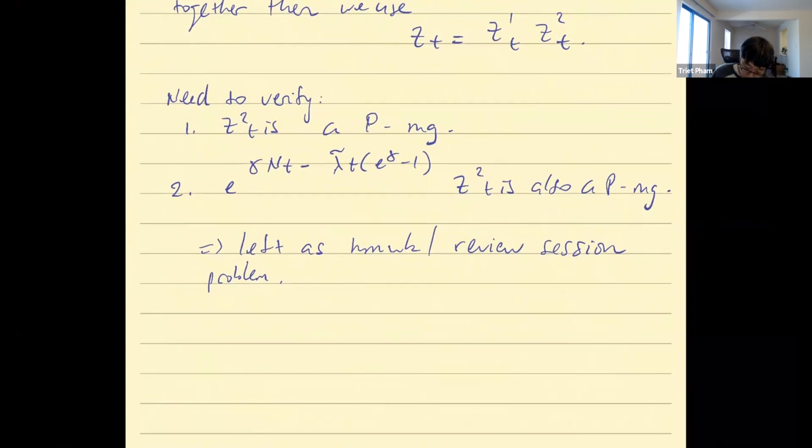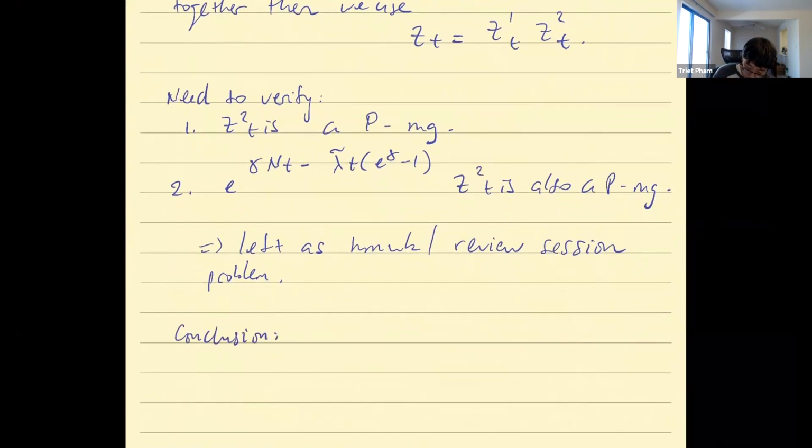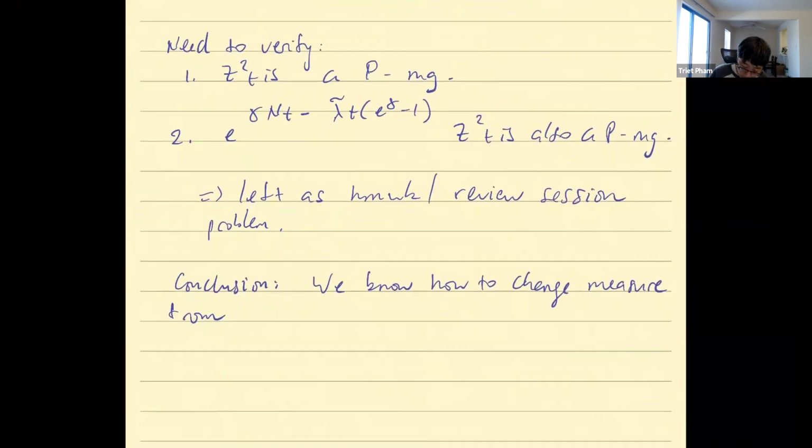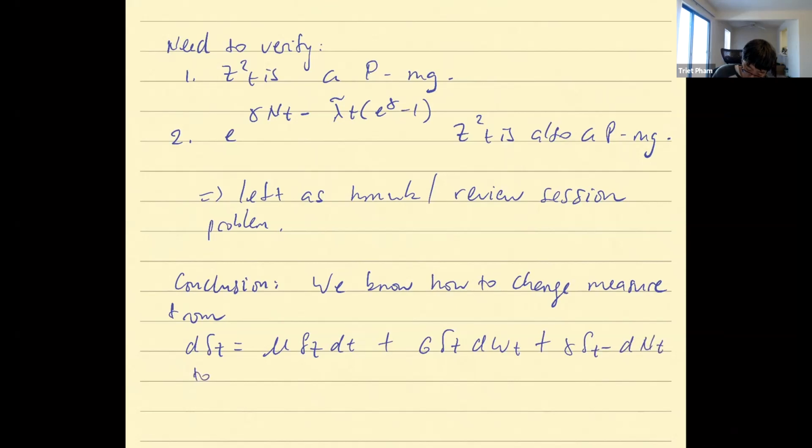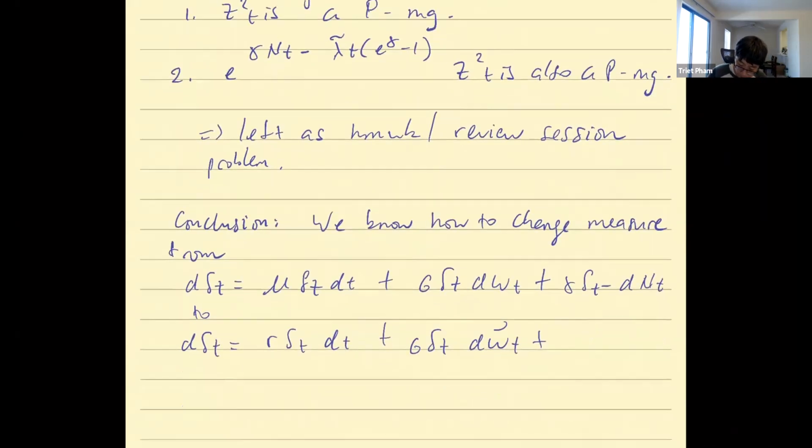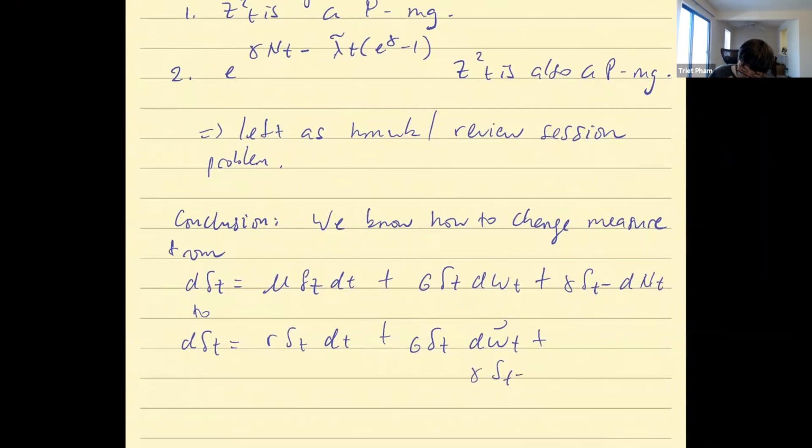So the conclusion is that we know how to change measure from the physical model to the risk neutral model.